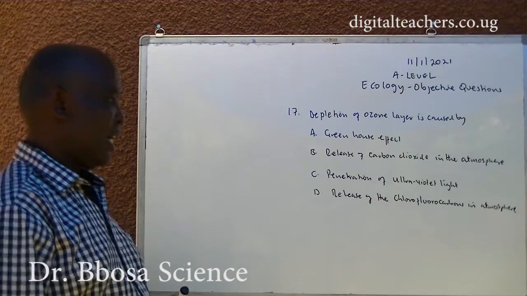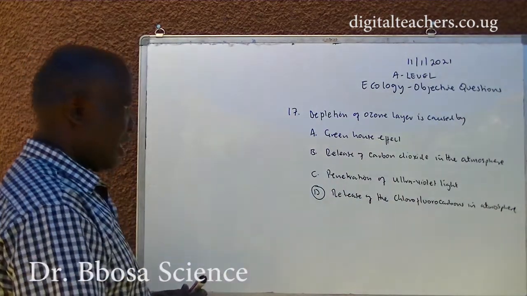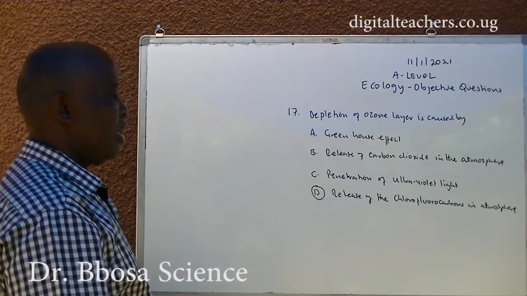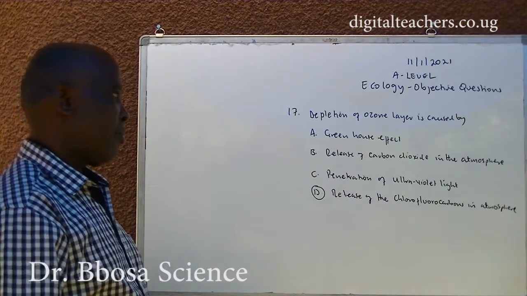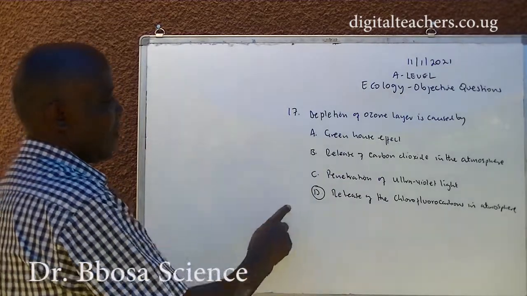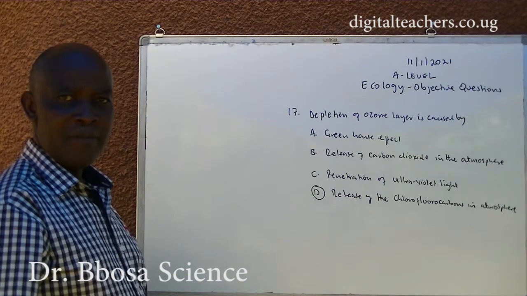You can pause and answer. The answer is D. Depletion of ozone layer is caused by release of chlorofluorocarbons in atmosphere, but it can cause greenhouse effect and penetration of ultraviolet light.